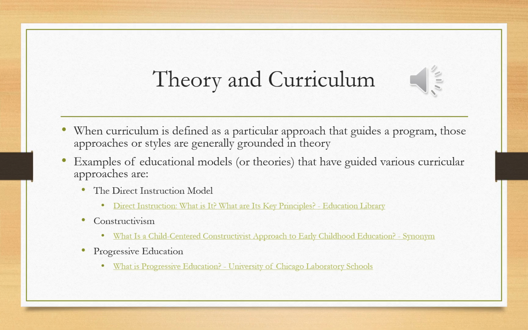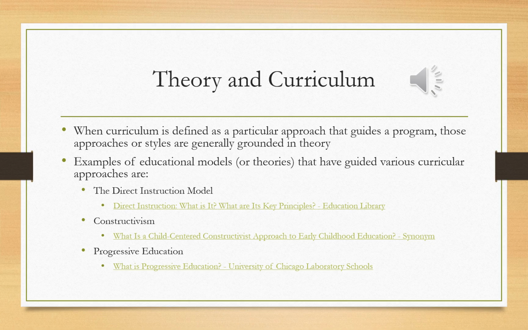If you believe that learning best happens when adults are directly teaching children things, where children are more passive in their learning, it's not so active and hands-on, you probably are emanating from more of a behavioral theoretical approach or from a more direct instruction model approach. So it's really important for us to think about the educational models or the theories that are sitting behind these curriculum choices.